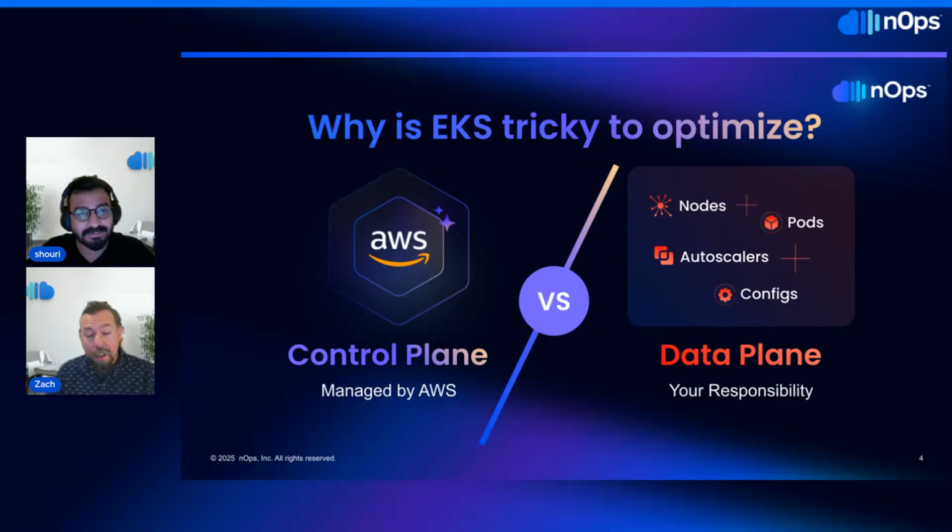Well, on the surface, it's a straightforward proposition, right? You get a control plane that's managed by AWS and your nodes are just EC2 instances. It seems straightforward. However, once you start doing any real world rollouts, things get complicated very fast because you're making decisions about instance types for your nodes, and decisions about autoscalers, cluster autoscaler versus Karpenter.